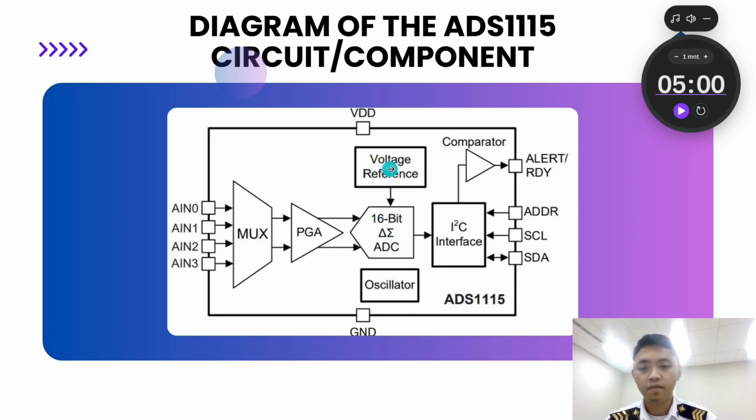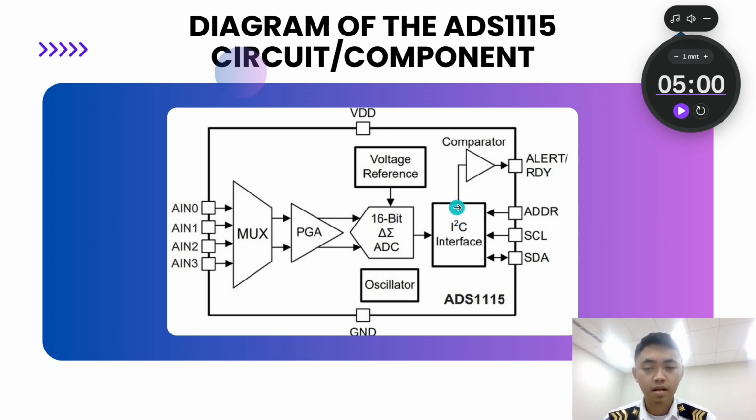The voltage reference provides a stable and accurate voltage used by the ADC for conversion. The next is the oscillator. The oscillator generates an internal clock signal that is used by the ADC and other components for synchronization. Next is the I2C interface. The I2C interface is used to communicate with the ADS1115.